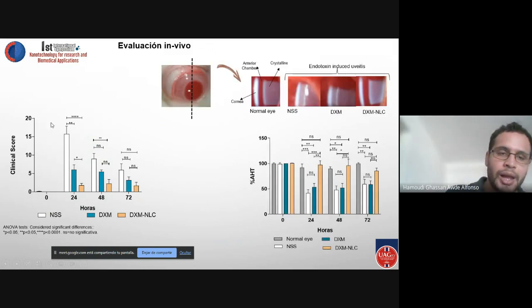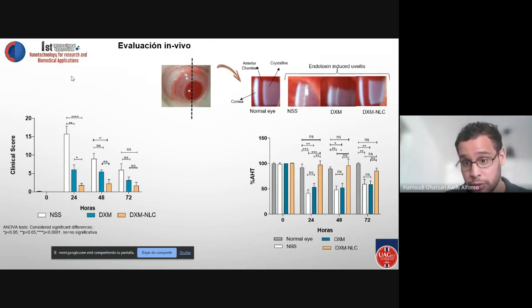So after the induction, we applied, by subconjunctival injections, dexamethasone by itself, a suspension of dexamethasone, a suspension of the nanostructured lipid carriers, and normal saline solution as a control.